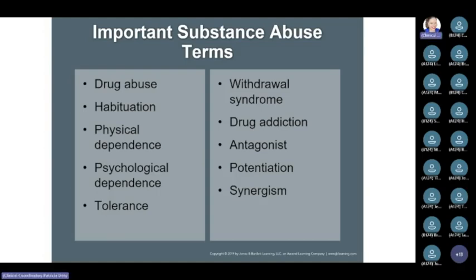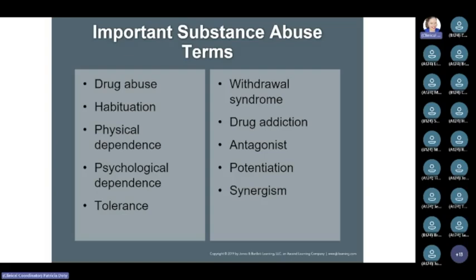Psychological is the emotional state of needing that drug. Tolerance, of course, you need an increasingly larger dose of this drug to achieve the same effect. That's why they say you'll never get as high as you did the first time you took crystal meth, cocaine, and heroin. Okay. And pain medication abuse is another one.